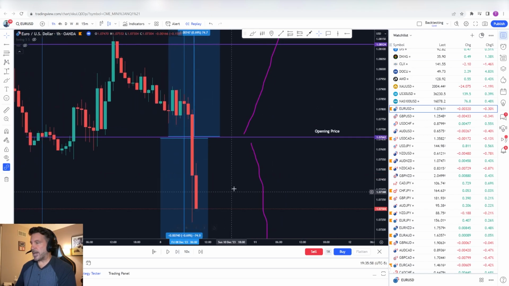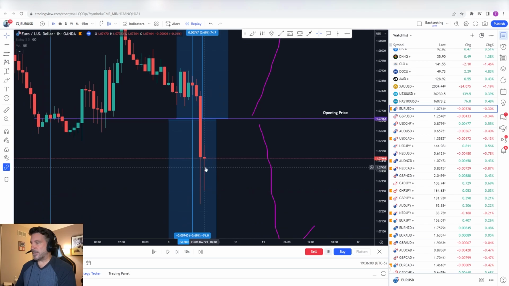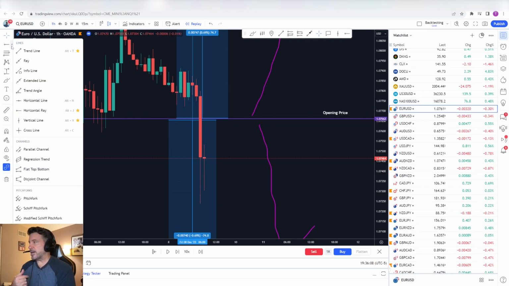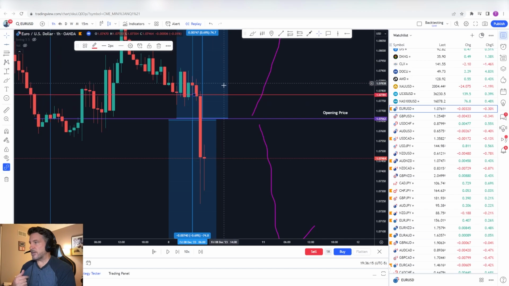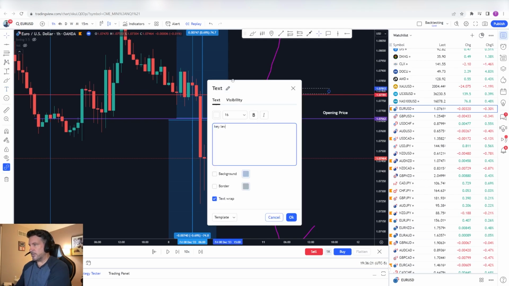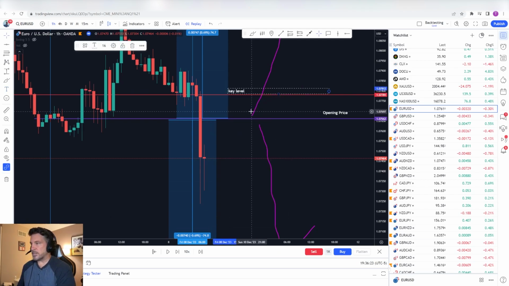Let's go over one more candle bar, because my trading session at New York Open starts after 10 o'clock, after all the news. So I saw this big candle push down, and then I had another key level drawn up right here in this area. I'm going to mark this off now using some text, and I'll just say key level so that we can see it a bit clearer. So this is a key level.